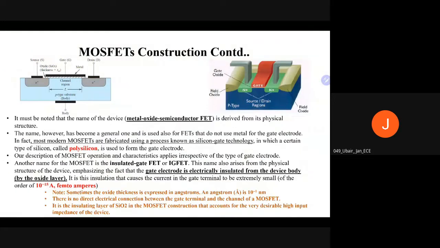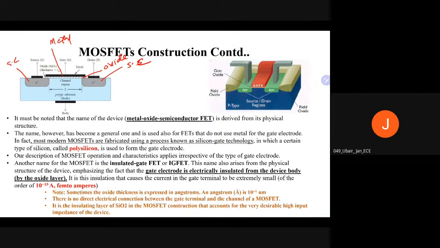Okay. It must be noted that the name of the device, metal oxide semiconductor field effect transistor, is derived from its physical structure. असल में जो इसका physical structure है, कहीं कहीं semiconductors हैं, कहीं कहीं metal हैं, और कहीं कहीं oxide है. इसीलिए इसको कहा जाता है metal oxide semiconductor, and it works on field effect transistor. ठीक है.